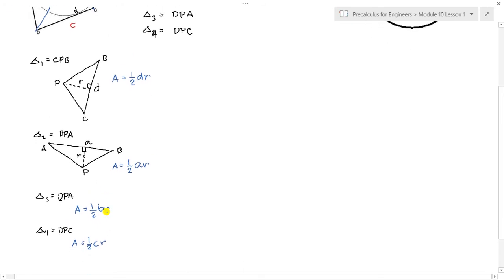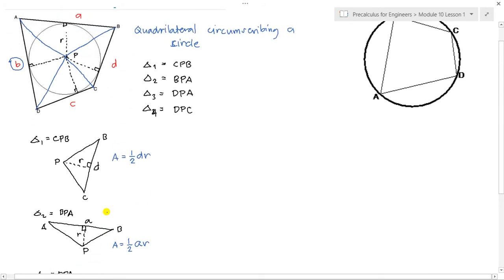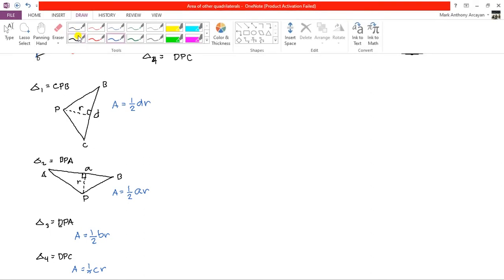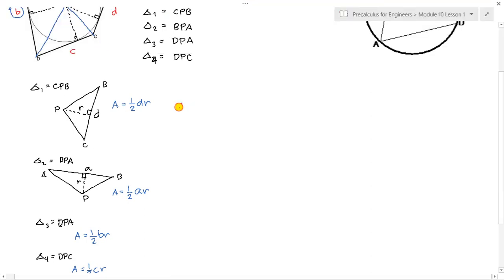Okay. And in solving for the entire area of this quadrilateral that circumscribes a circle, we take the sum of these areas. So the total area is equal to the sum of these areas. Starting with the first triangle, that is 1/2 DR. The second is 1/2 AR. Third is 1/2 BR.